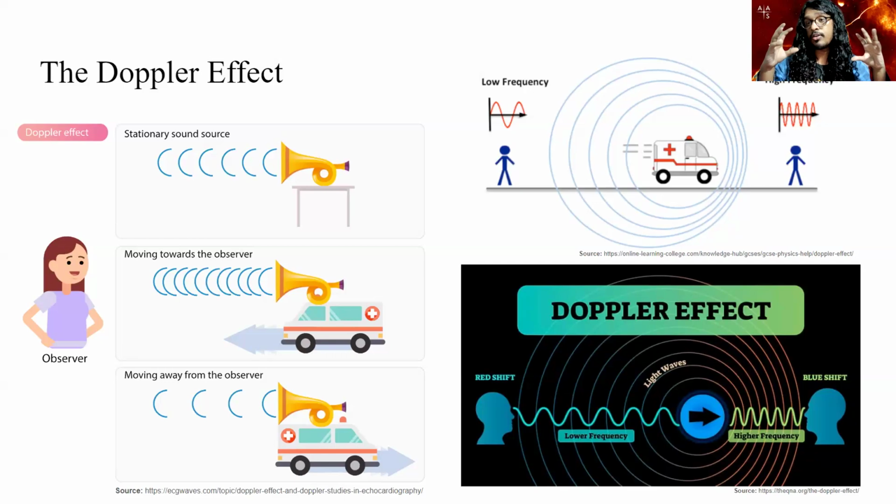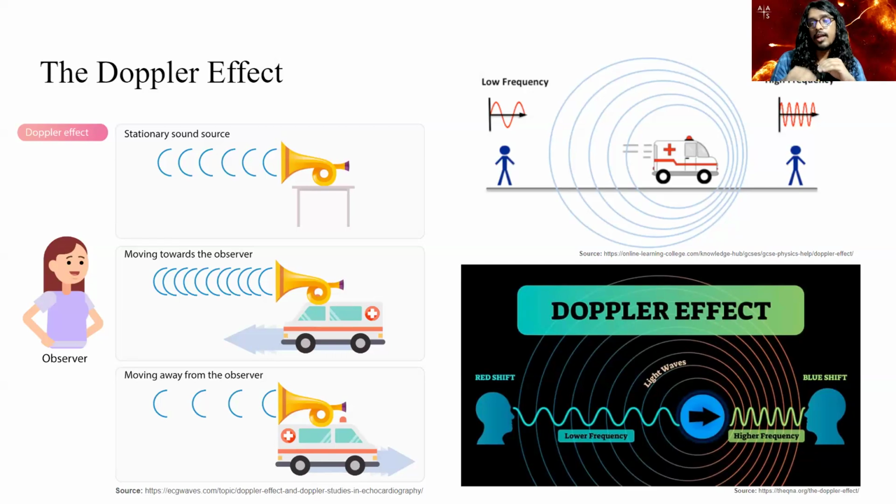And that depends on the velocity of the source. If the source is moving away from you, the light will get stretched out. And if the source is moving towards you, the light will get squished. So if it's moving towards you, the light will be blue shifted.